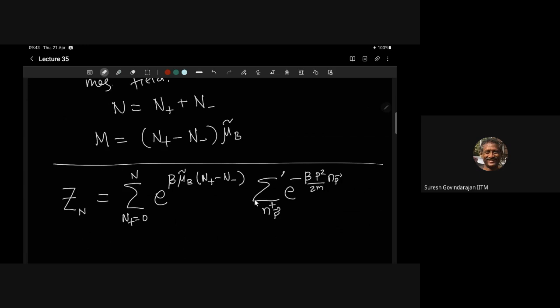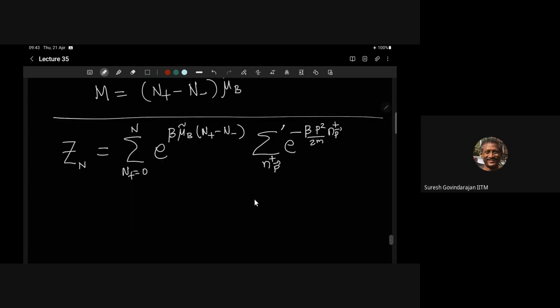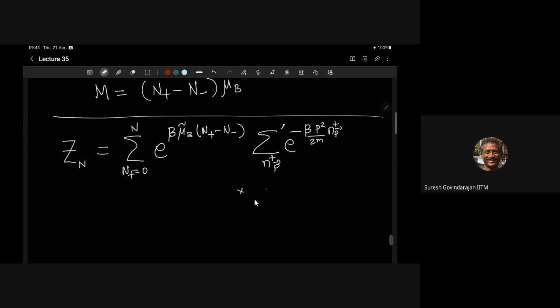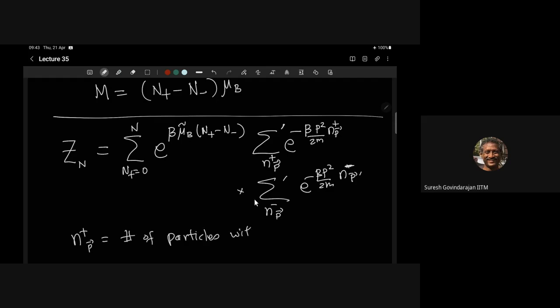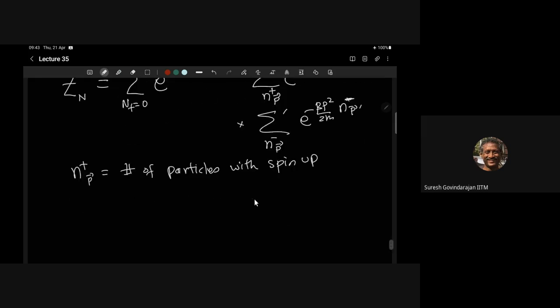Let's do it this way. Okay, so here definitions are obvious. N plus of p is equal to number of particles with spin up having momentum p.